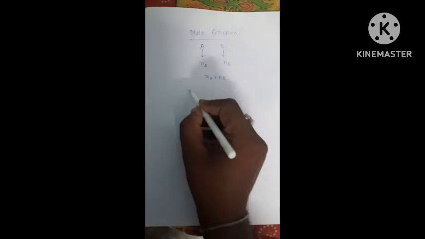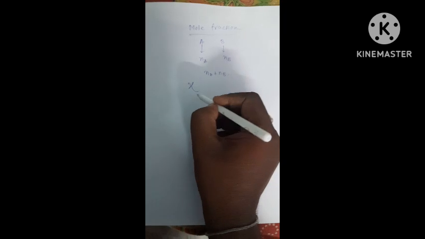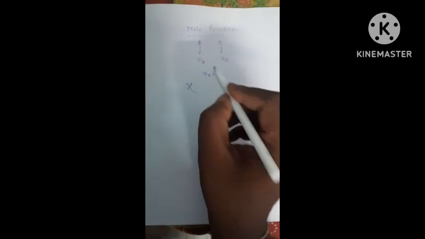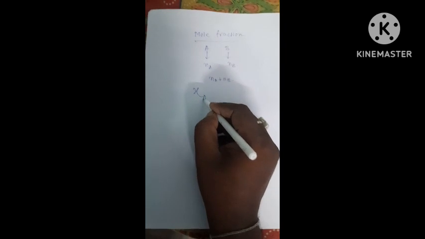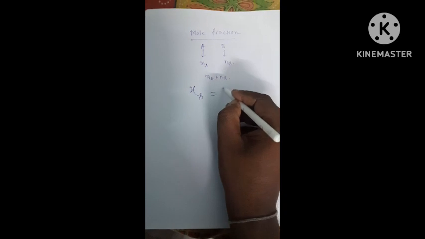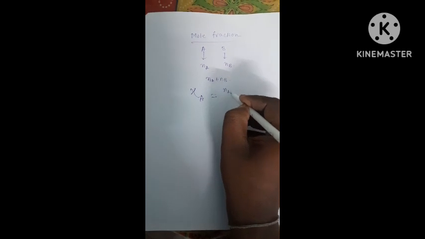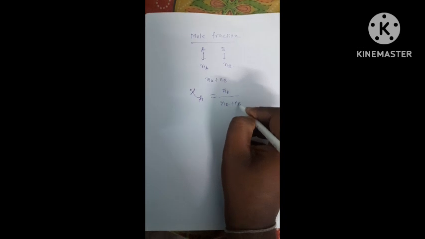This is denoted by the Greek letter chi. The mole fraction of component A is chi A, the ratio of the number of moles of A to the total moles present in the solution, Na plus Nb.